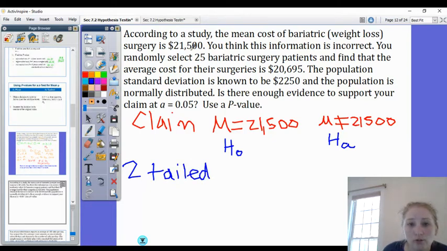All right, what's the other important information we have? We have n is 25. We have the x bar.